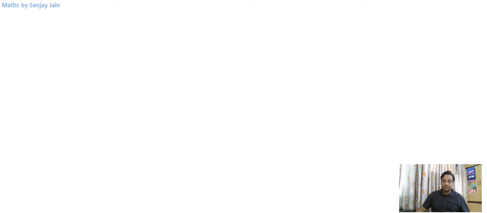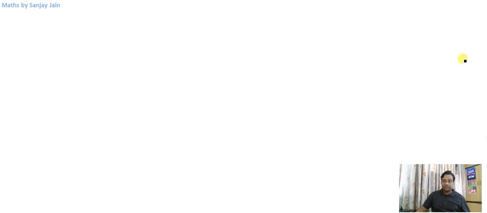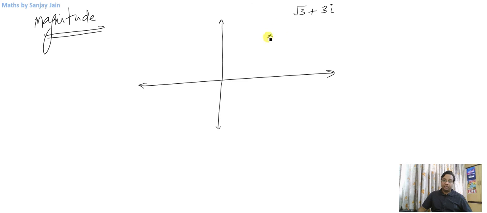Now, let us talk about magnitude of a complex number. If I have got a complex number root 3 plus 3 iota, okay, so let us say this point represents this number, so coordinates of this point will be root 3 comma 3, okay.